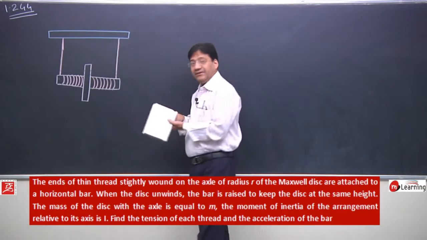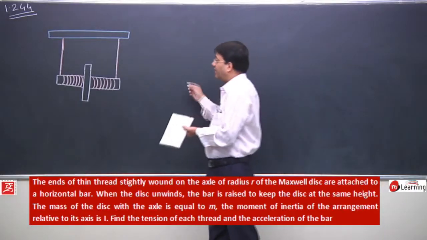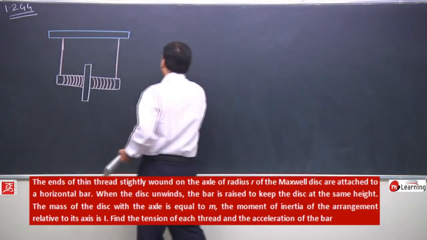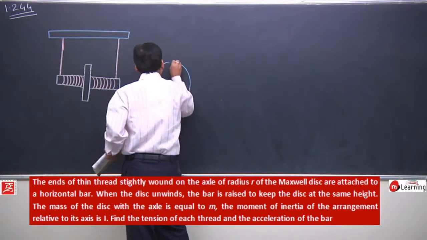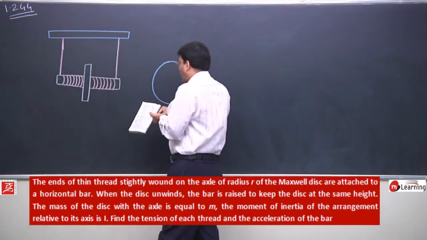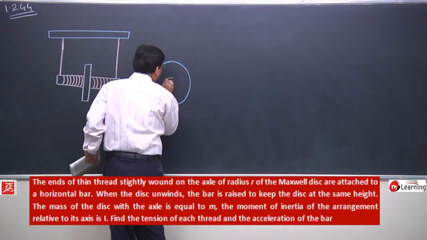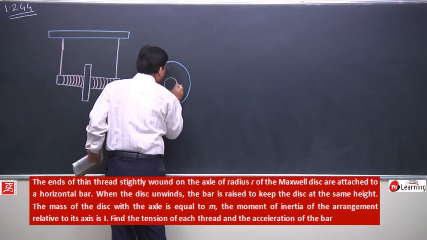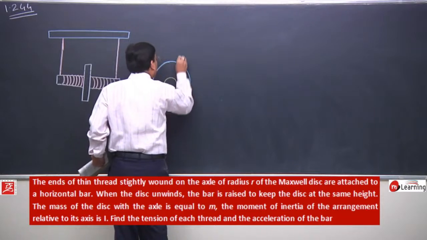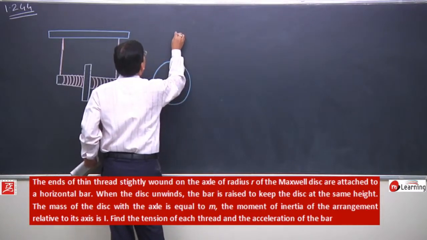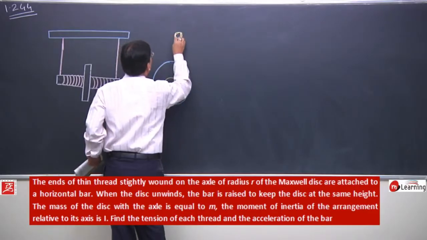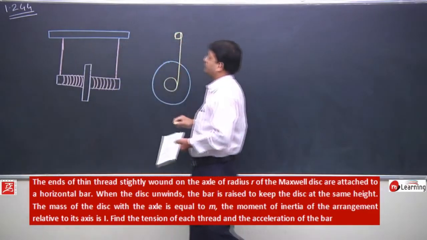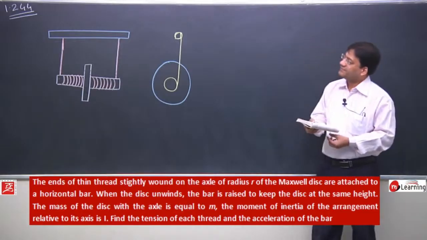If we see its elevation from here, this is the Maxwell disk, and in between is the thread, and this is the bar, like this.